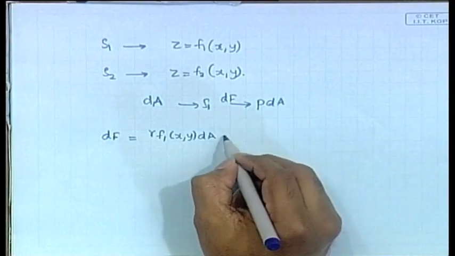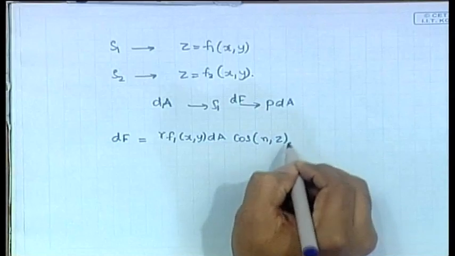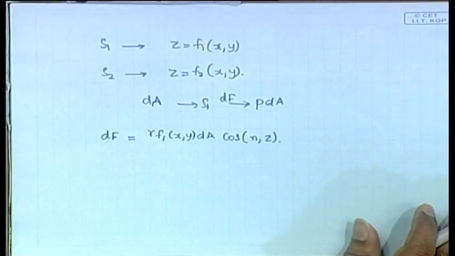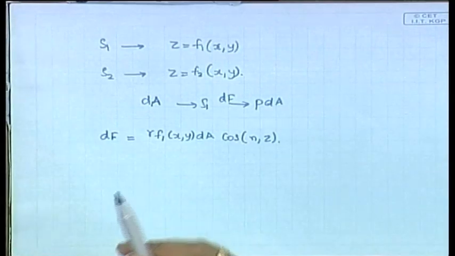Now, I multiply it with the cos of the angle between n and z, where n is the normal. This force is the force along the normal. If this is dA, this is the direction of the normal and the force is directed along that. I want the component of this force in the vertical, so I multiply it with the cos of the angle between the normal and the vertical.